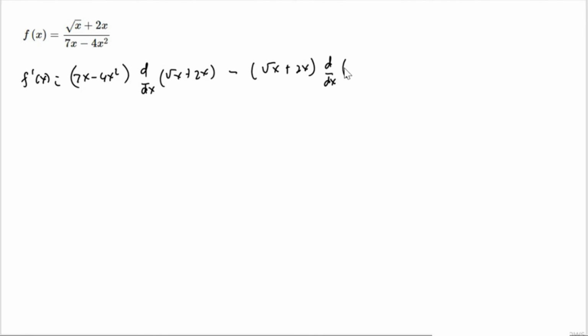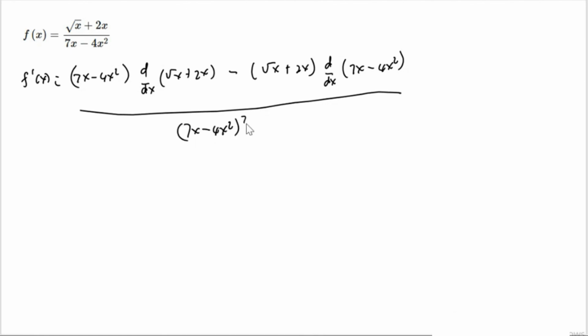We have to take the derivative of the denominator 7x minus 4x squared, all over the square of the denominator. We have 7x minus 4x squared and then the square of that.